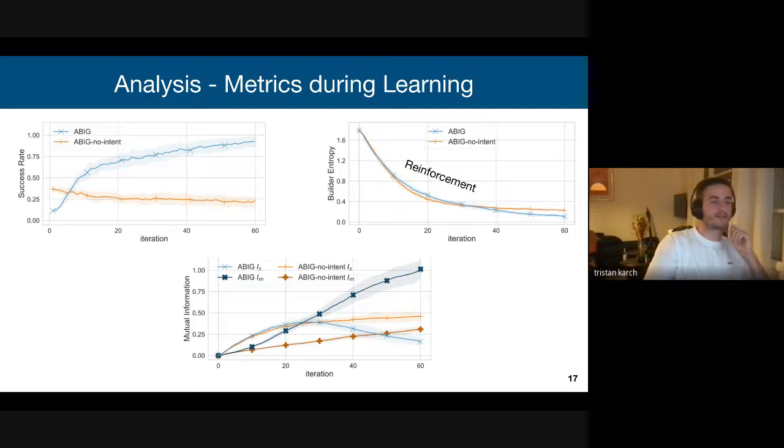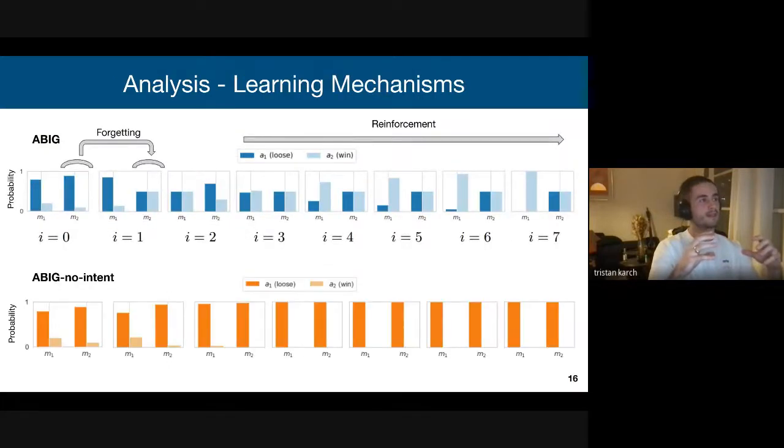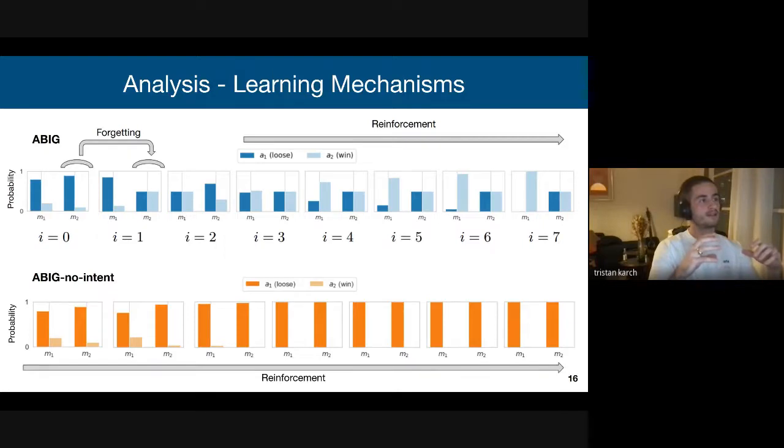I see. And there is kind of an explanation to that. As Paul explained, we have this forgetting and this reinforcement mechanism, and we can see that the more messages you have, the easier it would be to have a favorable association between messages and actions, which will later on be reinforced.